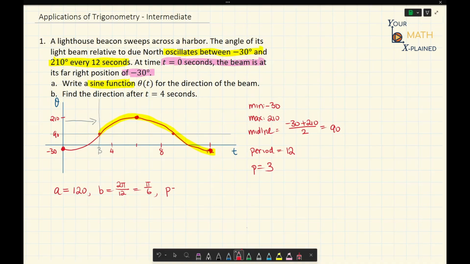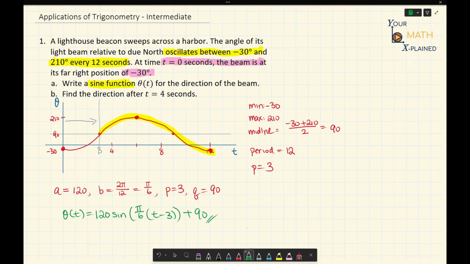Our p value we've written up above, that is equal to 3. And then our q value, which is just the midline, that's going to be equal to 90. So therefore, our function theta of t is going to equal 120 times sine of pi over 6 times (t minus 3) plus 90.